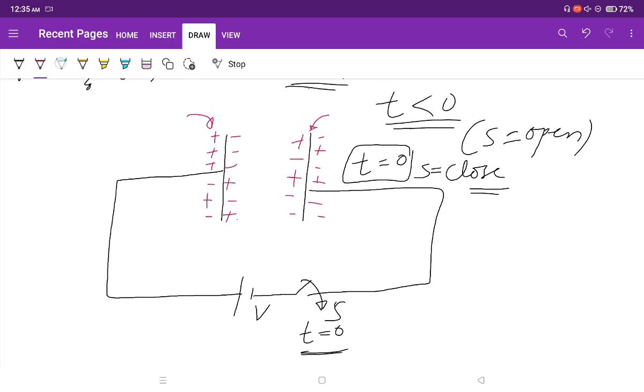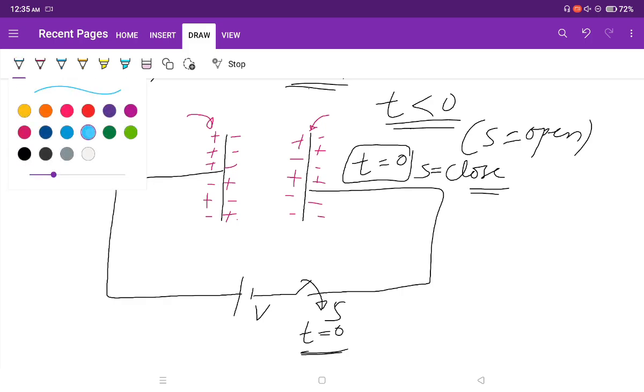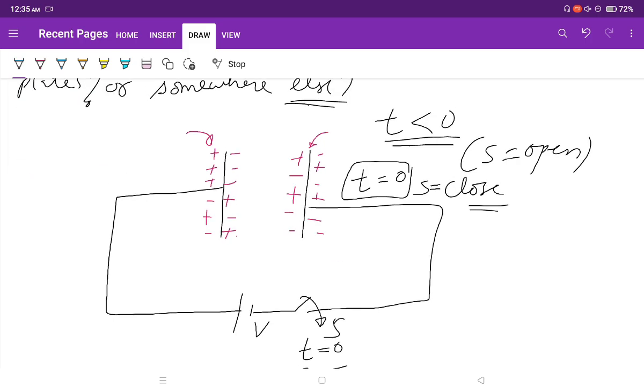Now what happens when you close the switch? An electron is taken from the left hand side, and an electron is injected to the right hand side plate, correct?